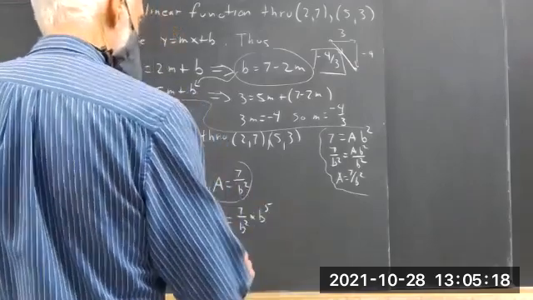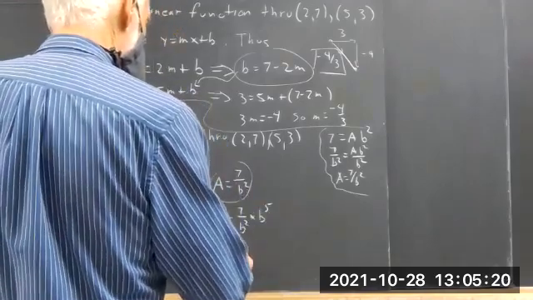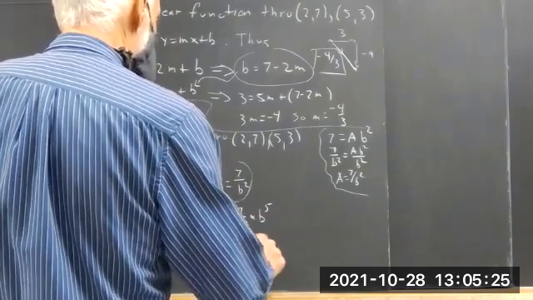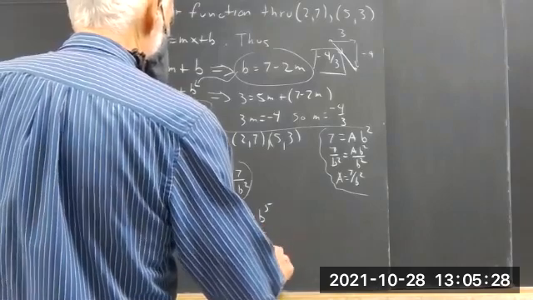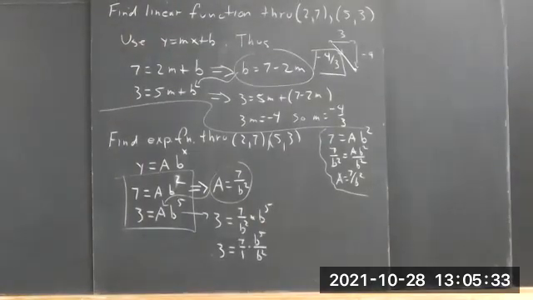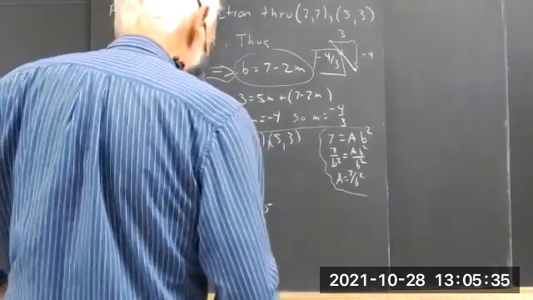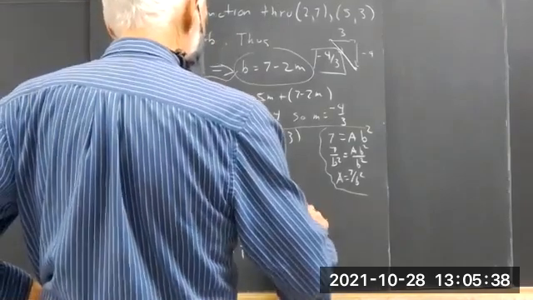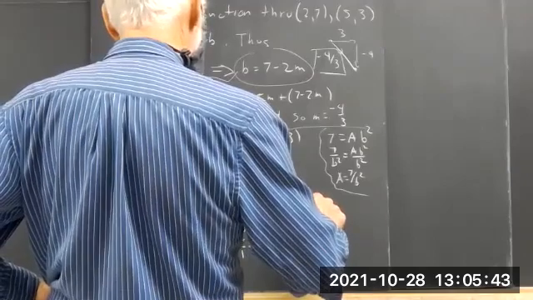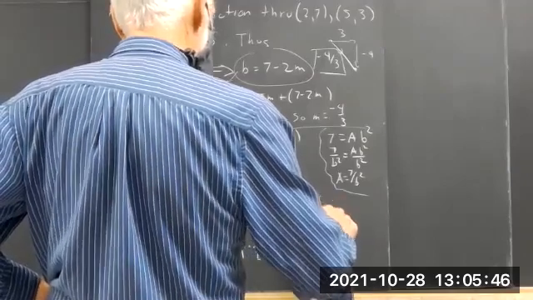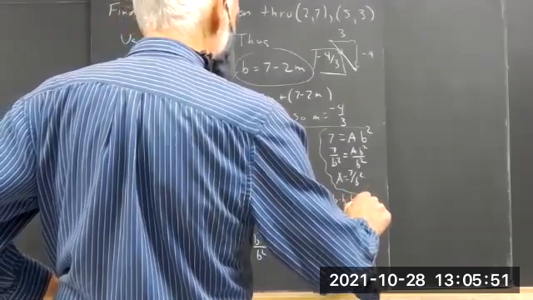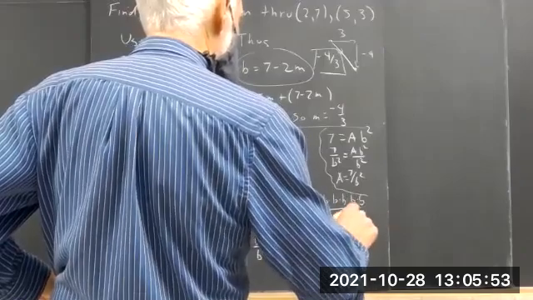Okay, so we could write this as 3 equals 7 over 1 times b to the 5th over b squared. And in this case, we could write that as 3 equals 7 multiplied by b times b times b times b times b divided by b times b.